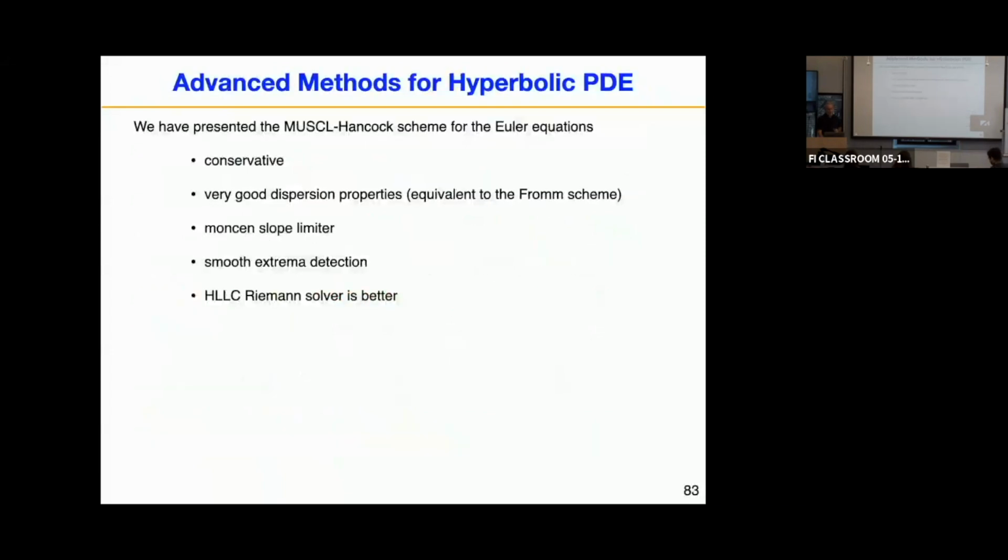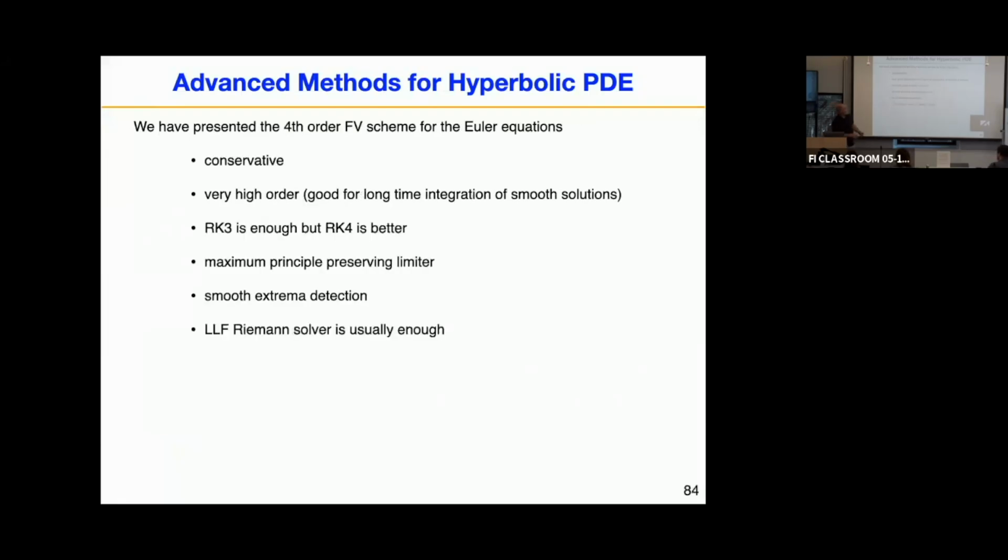And these are my conclusion slides. Very briefly, I presented MUSCL-Hancock, which is a second order scheme, strictly conservative. The monotonized central slope limiter is the best. You have to use HLLC in this case because the Riemann solver matters. The fourth order scheme is very good for long-time integration of smooth solutions.